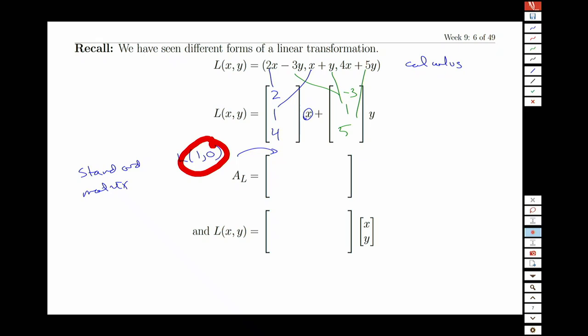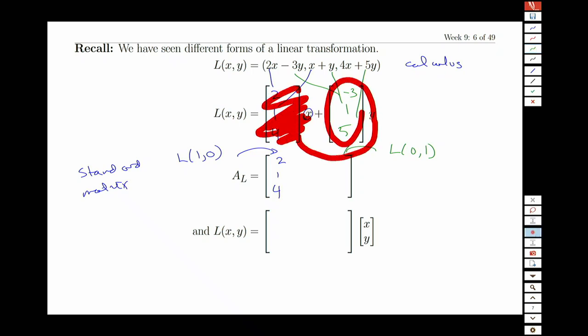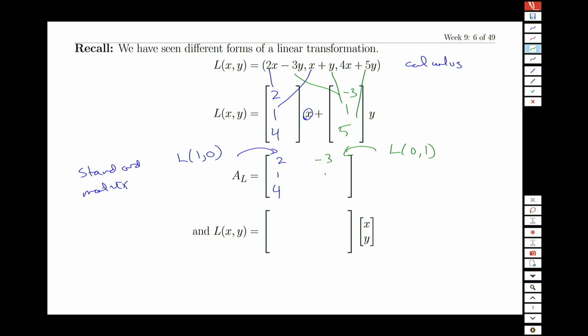That's really easy to get once we have the form before it, because if I transform 1 and 0, the 0 part just goes away, and I get 1 times this vector here: 2, 1, 4. Then if I transform the other fundamental basis vector, 0, 1, x is going to be 0, so ignore all that, and I just get 1 times this thing, so we get negative 3, 1, 5. There's no transformation, there's no scale. We copy the numbers down into a matrix form.